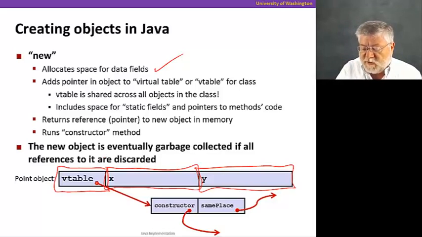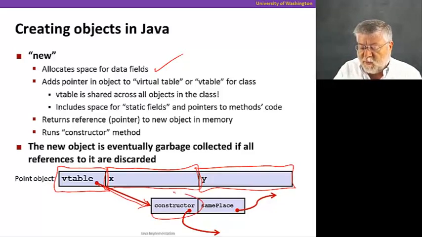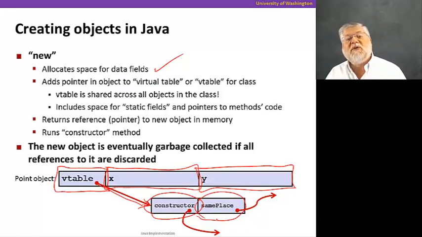What it does is it points to another region in memory where we've stored the pointers to the code we need for this type of object. In this case, there were two pieces of code, two methods. One was the constructor, so we need a pointer to the constructor code, and then samePlace. We need a pointer to the code for that method.